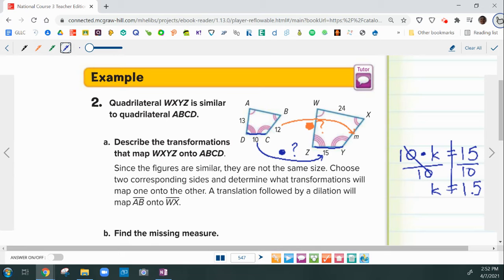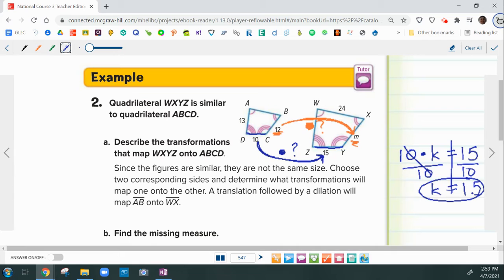So we originally wanted to figure out, how are we going to find M? Since 12 corresponds with M, we want to figure out what we would have to multiply that by to get M. We figure that out by finding another pair of corresponding sides and finding the scale factor between them, and then using it. We found that scale factor here.